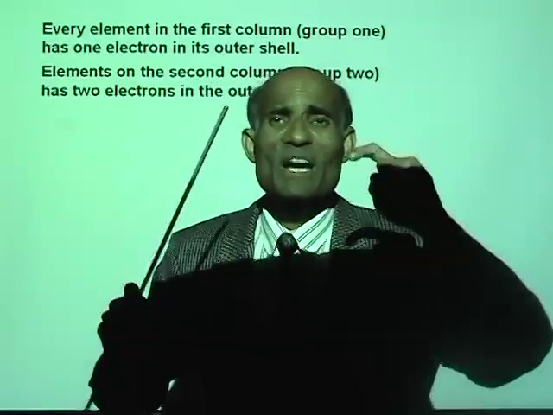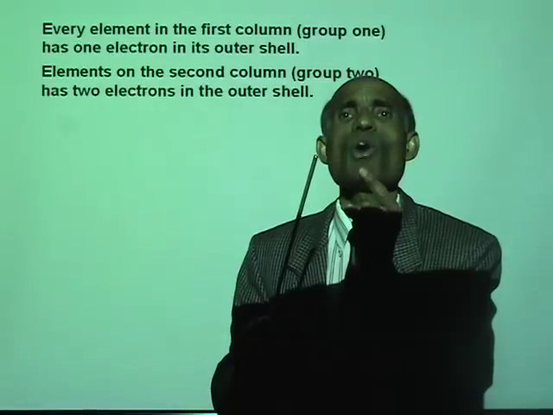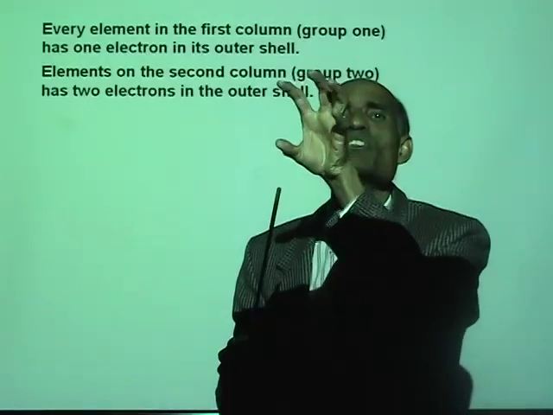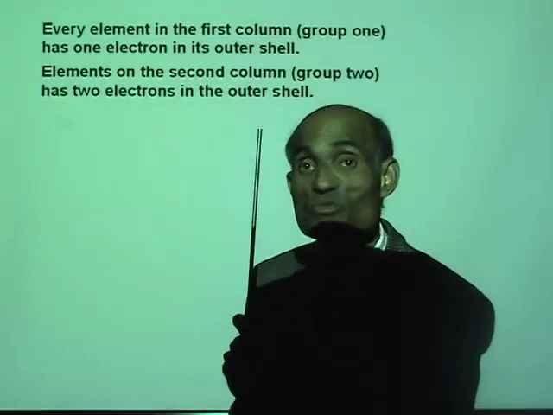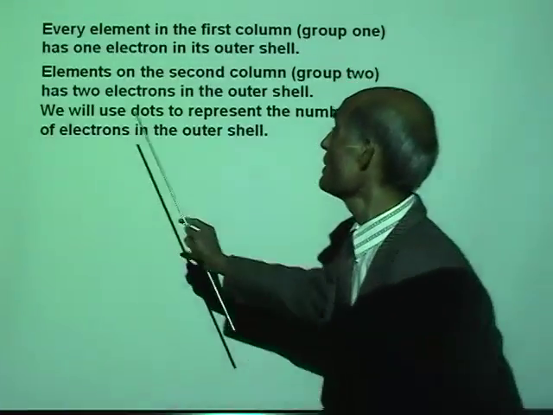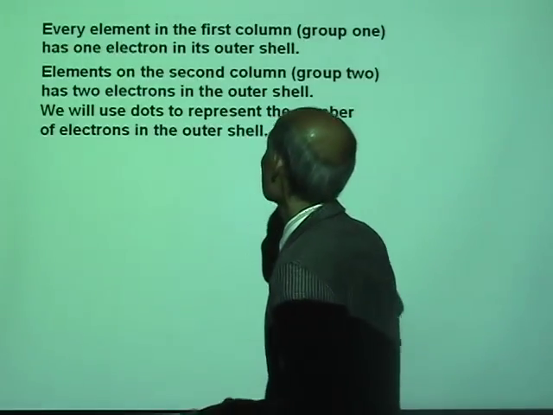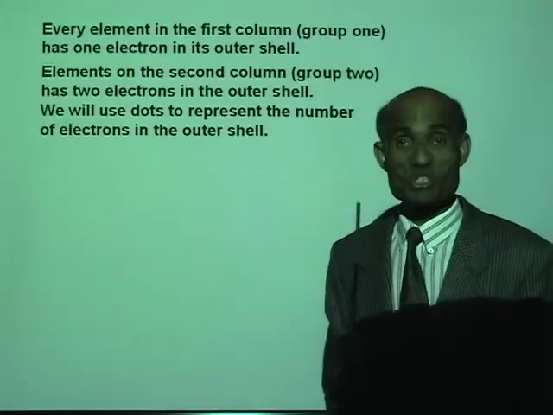All these elements have just one electron in the outer shell. All other electrons are in other shells inside. The outer shell has just one electron. That is the characteristic there.